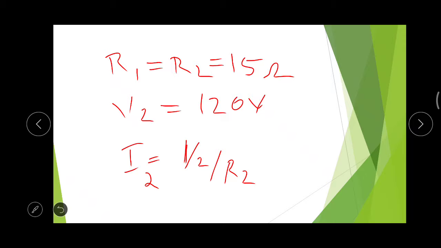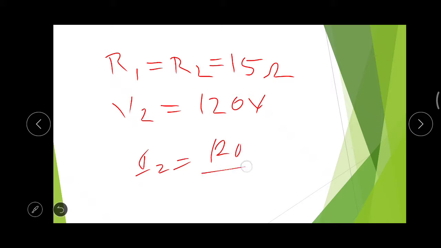So substituting the values, we will get I2 is equal to V2 by R2, that is I2 is equal to 120 volt divided by 15 ohm. So that will be equal to 8 amperes.